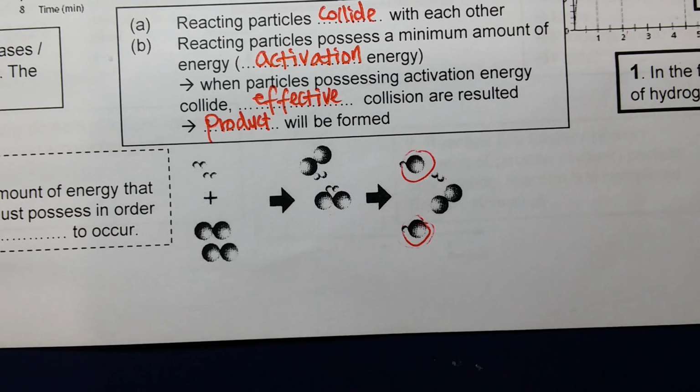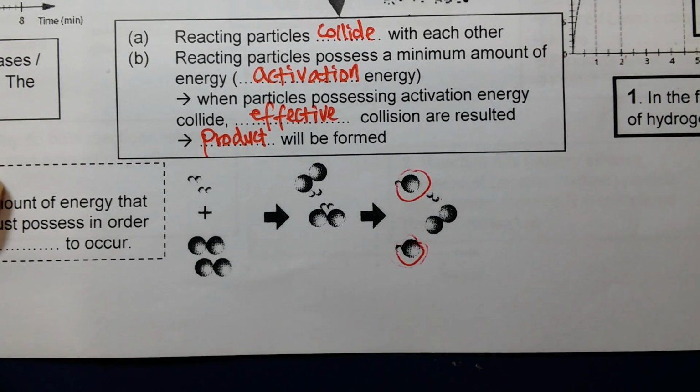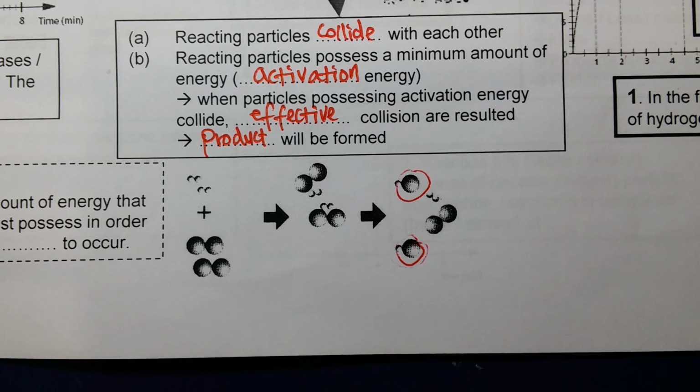And the second type of collision, they collide with a slower speed, which means that they don't have enough energy when they collide. And that is why for such a collision, no fatalities are resulted.